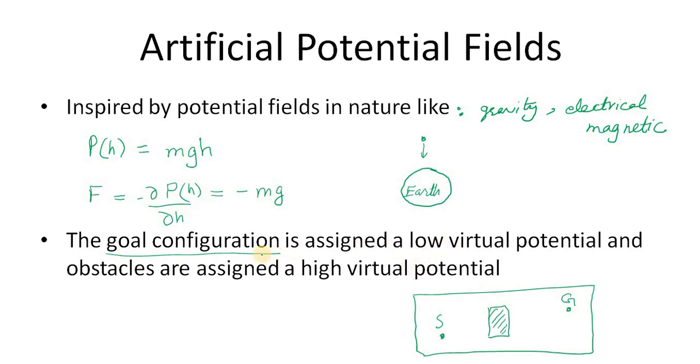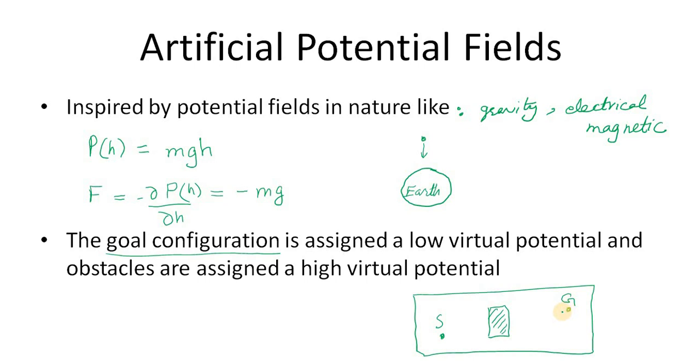The goal configuration is assigned a low virtual potential, and obstacles are assigned a high virtual potential. So attraction for the goal, repulsion for the obstacle, and that's what we want. We want to avoid obstacles and reach the goal. That's how we can achieve that.